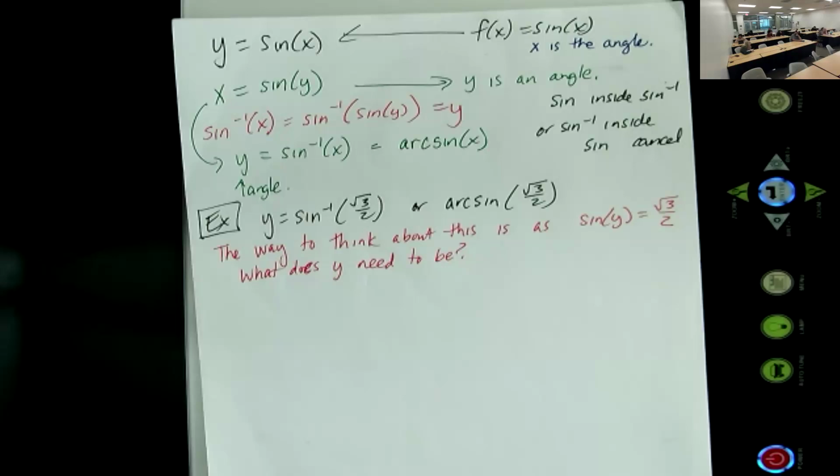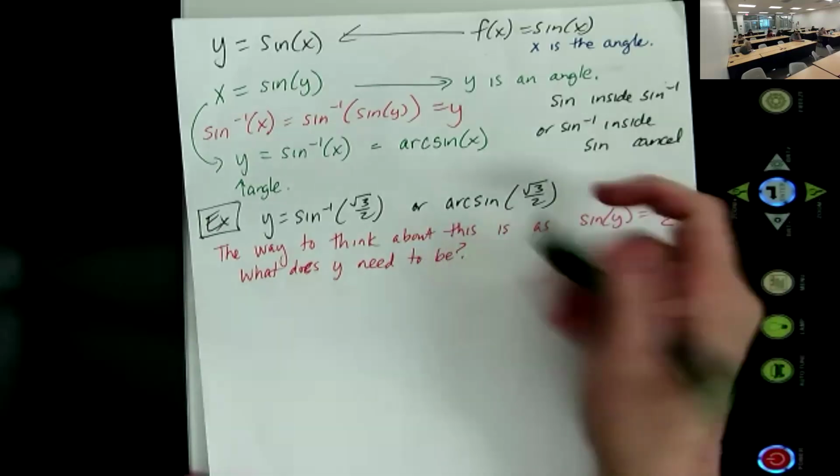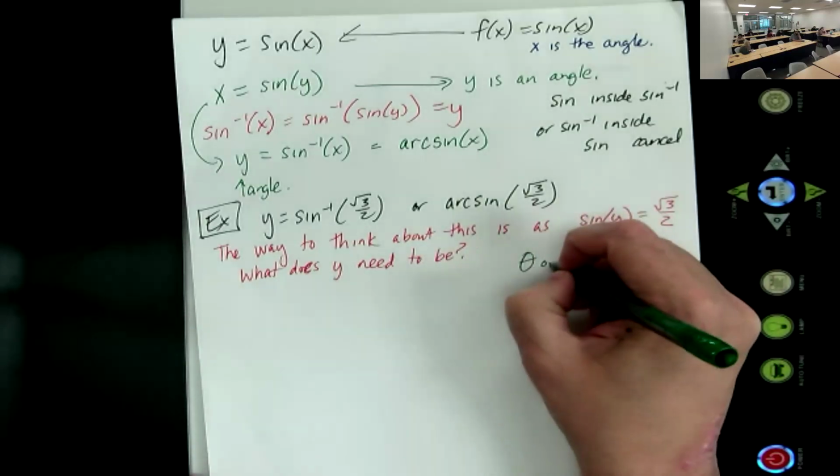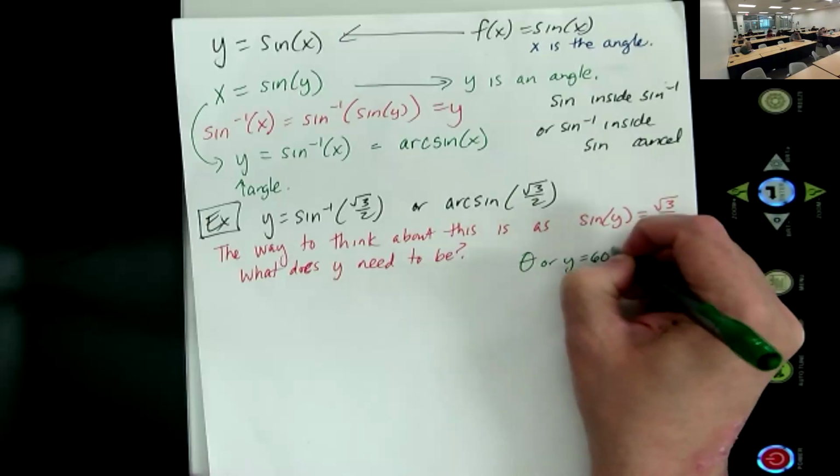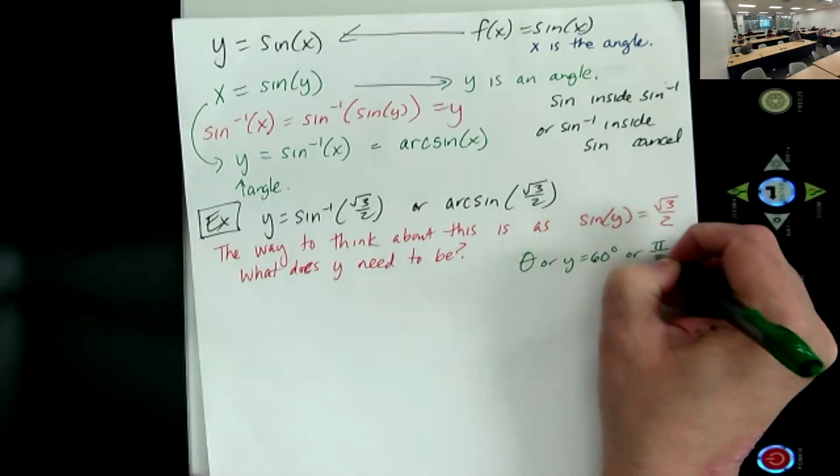So if it helps you think about it in degrees, but our final answer needs to be in radians, because we don't plot degrees. So what angle gives us square root of 3/2? Pi/3. So that theta or y is 60 degrees or pi/3.